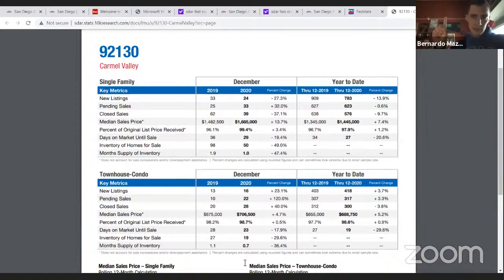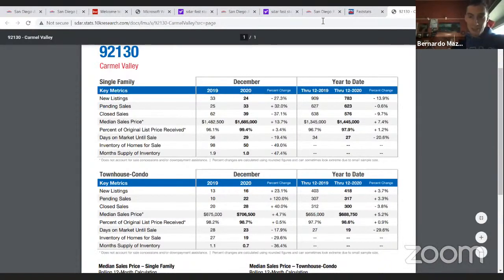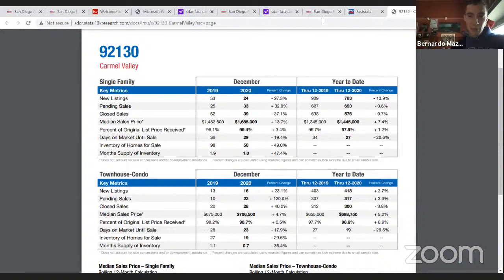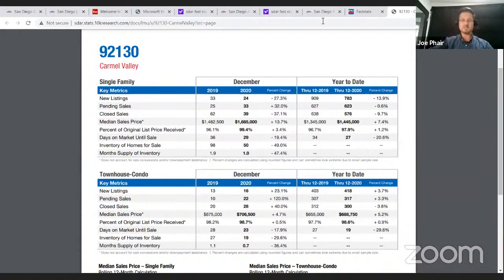Question. Are you saying that happened in the month of December, or it happened throughout the year and that was reported in December? Since real estate is seasonal, meaning more people sell during the spring and the summer than during the winter, around Christmas time, you want to look at year over year. So you're comparing December of 2020 to December of 2019.